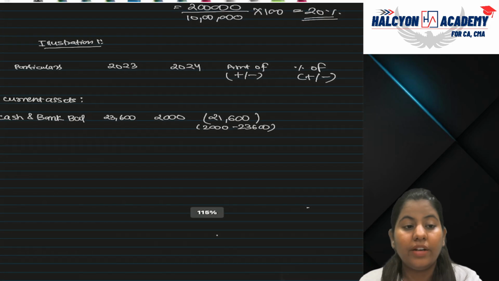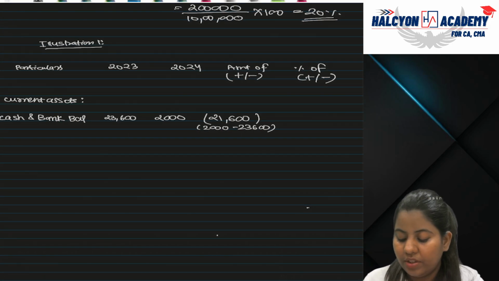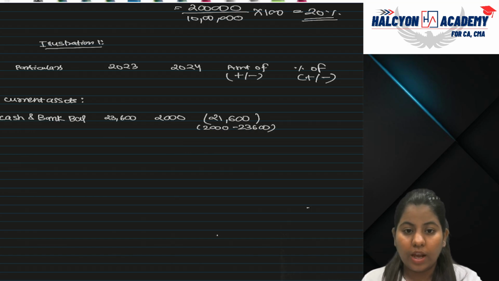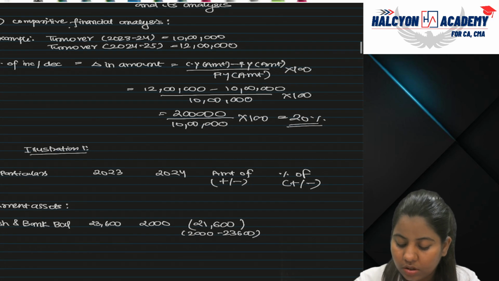And now we have to find out the percentage change. I told you the formula, how to calculate percentage change. You have to apply this formula.